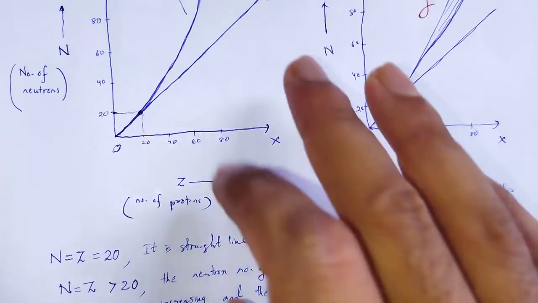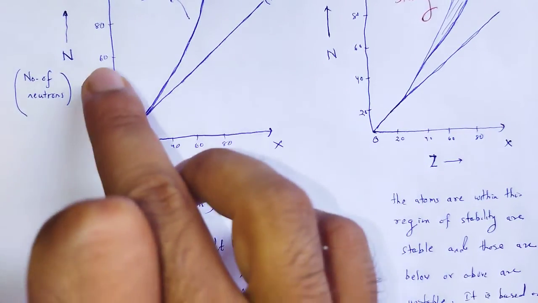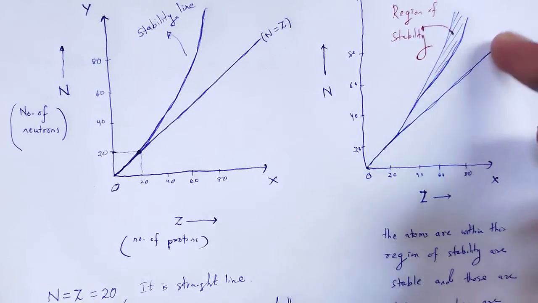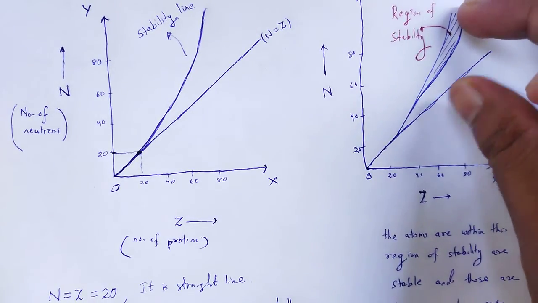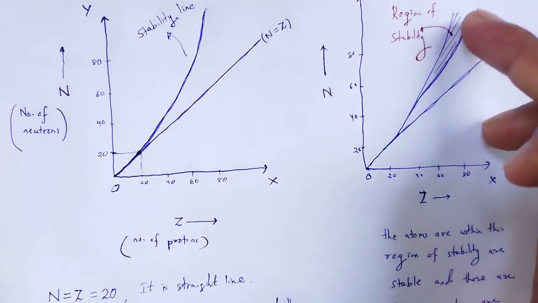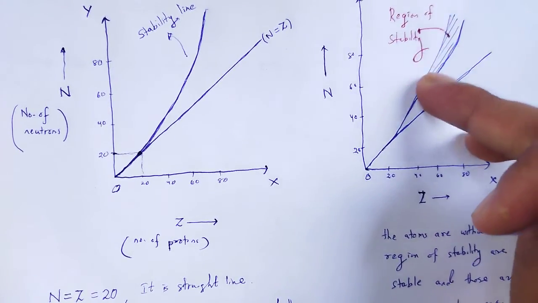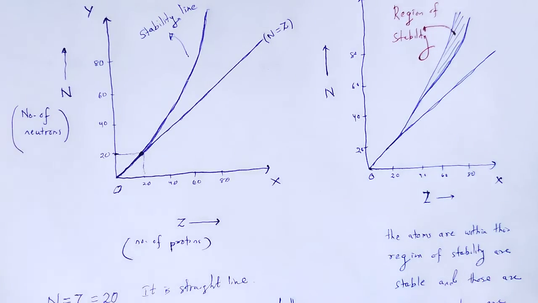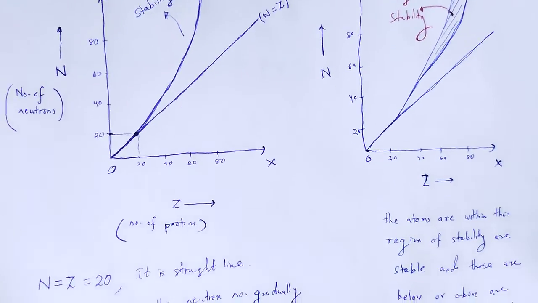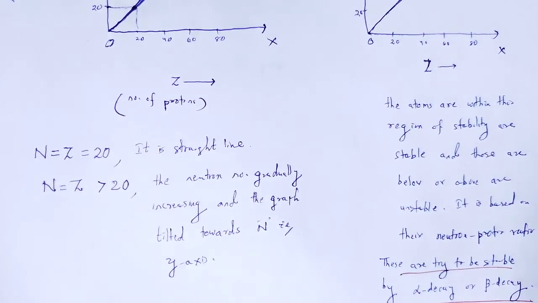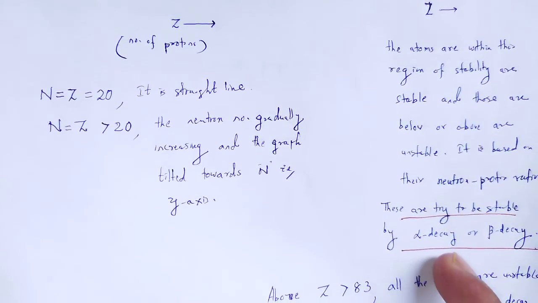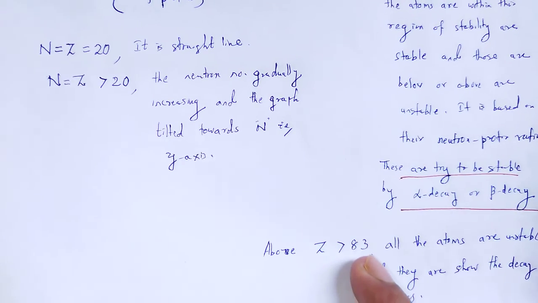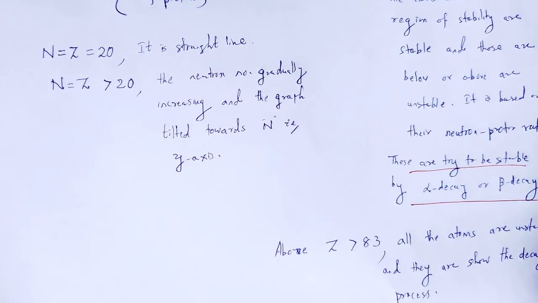If we analyze for an optimum value of the neutron to proton ratio, we see a region where the atoms present in the stability region are stable, and those above or below are called unstable nuclei. These are transformed to the stable form by the decay process.